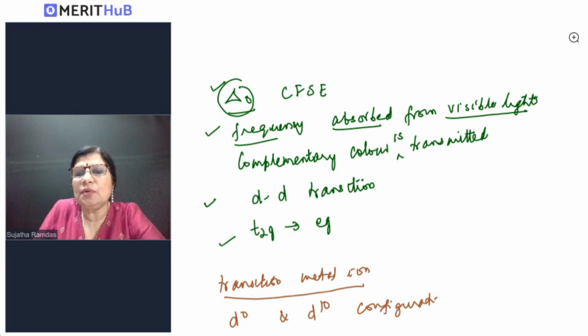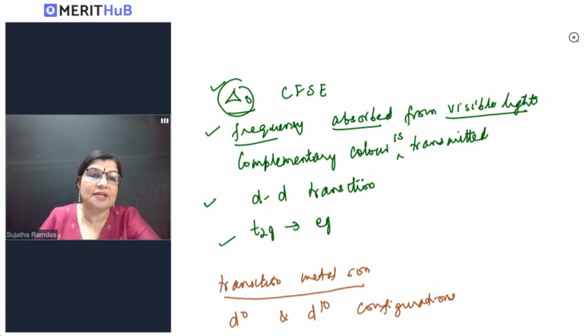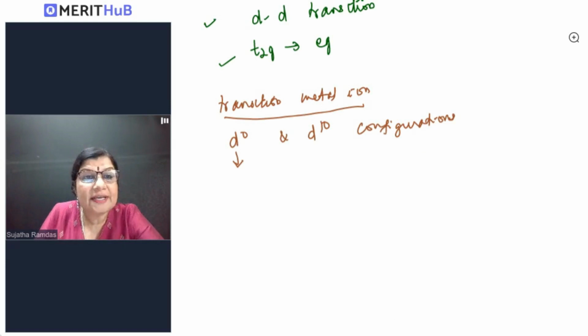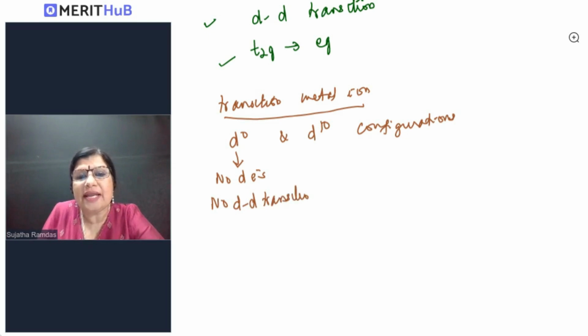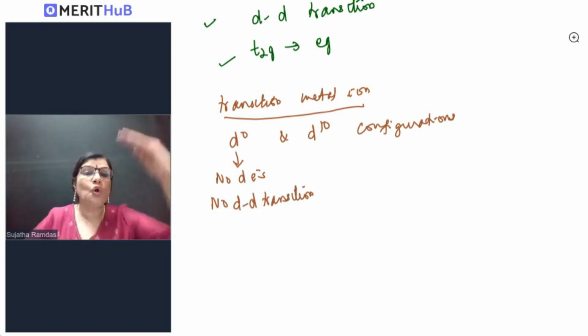In other words, we are focusing on d0 cation and d10 cation. When we talk about d0 configuration, there are no d electrons. When there are no d electrons, obviously no d-d transition occurs. There are no electrons to undergo transition.